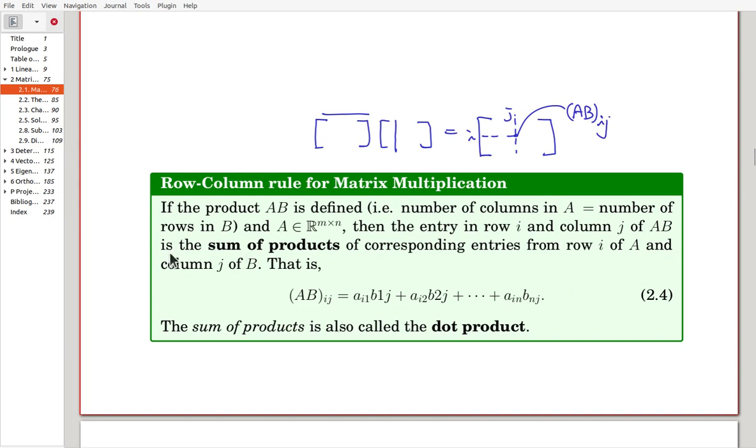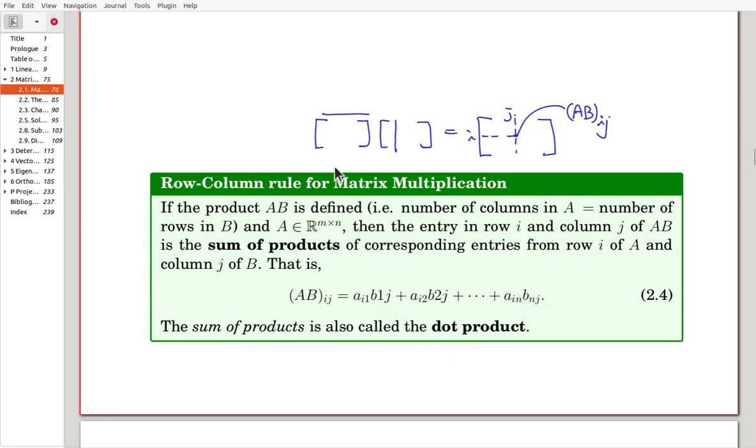Okay, here is the sum of products of corresponding entries from row i of A and column j of B. That means that (AB)ij is that summation. This is a kind of dot product.